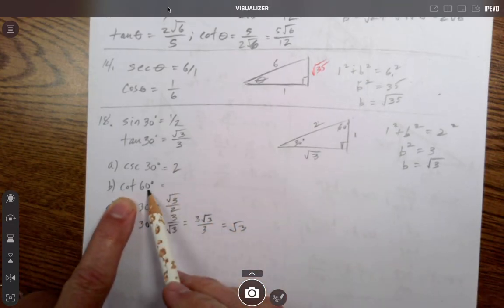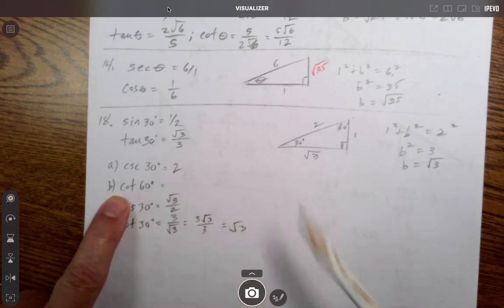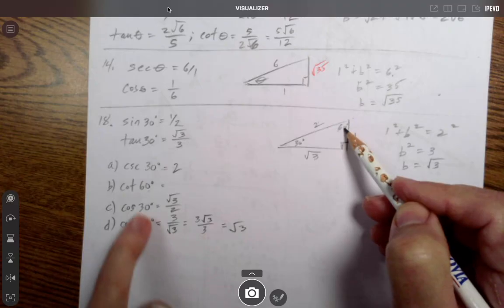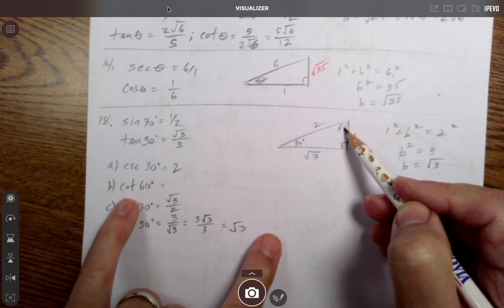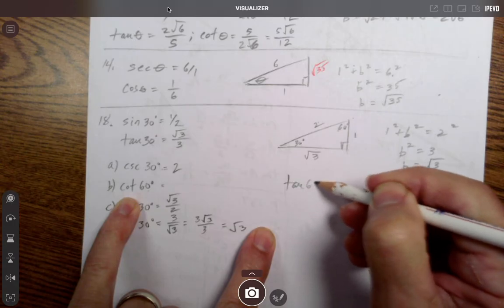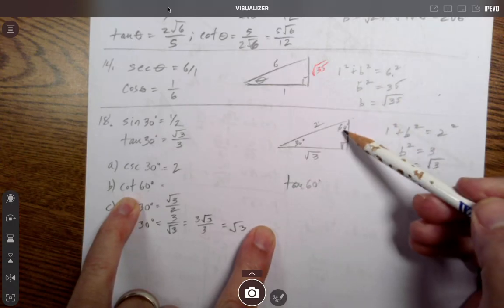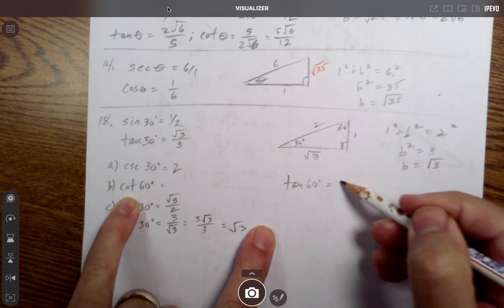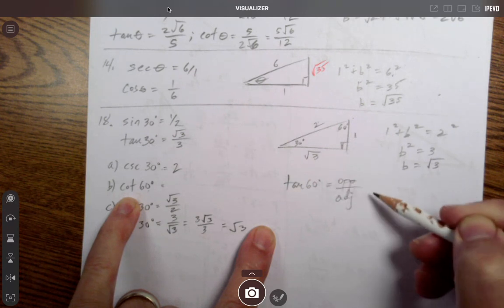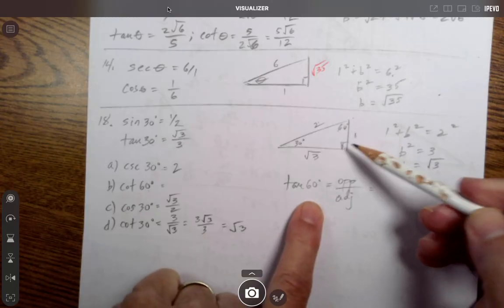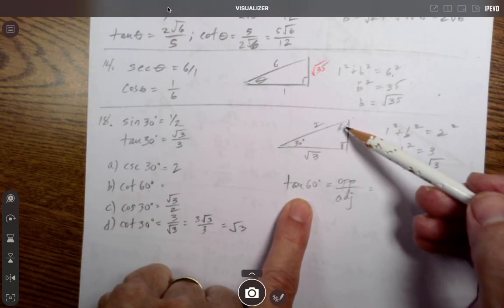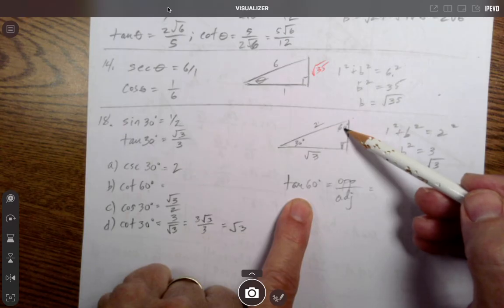And the cotangent of 60, okay, here's 60, up here. Now if we wanted the tangent of 60, let me do the tangent of 60 first. Remember, tangent is opposite over adjacent. Right? Now, what's opposite from the 60-degree angle?